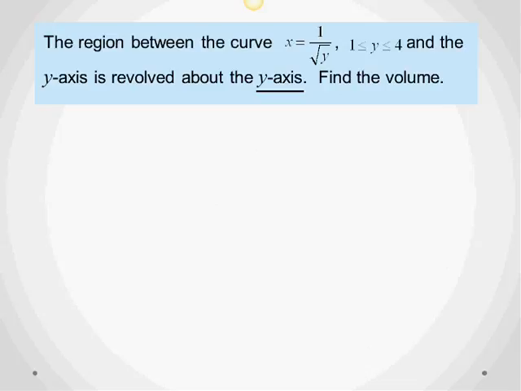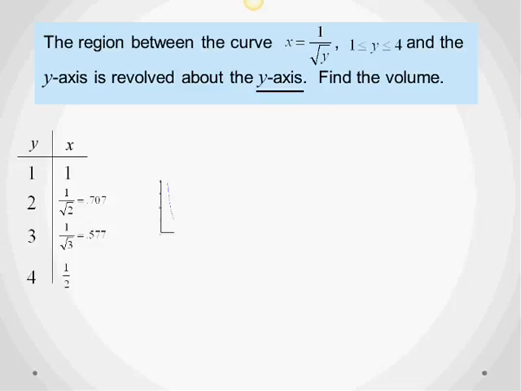Okay, so we are finding the volume of this region rotated around the y-axis over the interval from 1 to 4. If we just pick some points and graph them, we can see what the shape is here. And we can revolve that around the y-axis.